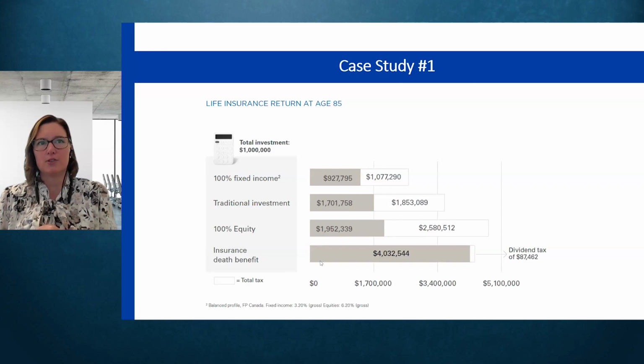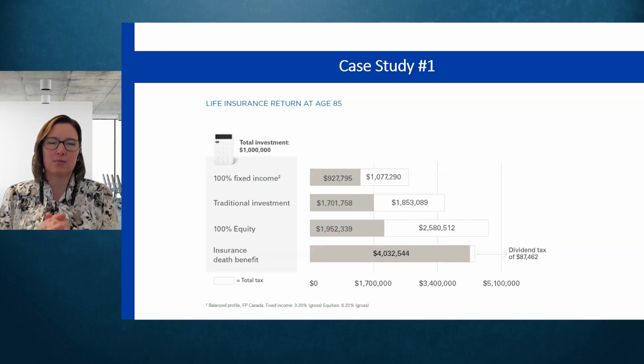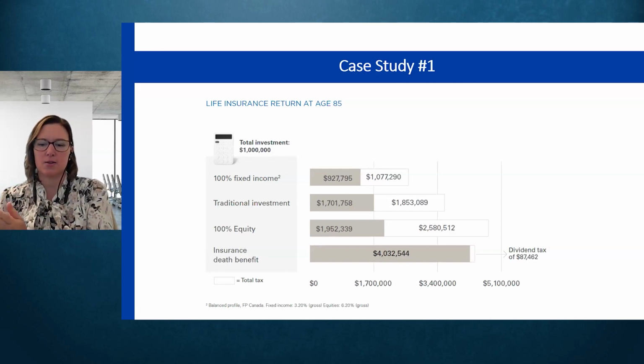If we put it into a life insurance benefit, we're able to grow that amount significantly and have the benefits of tax sheltering and the CDA account, making it so that at the end of the day, that $1 million investment turns into $4 million that can be flown through the CDA into the client's estate or to the hands of shareholders to repurchase shares.